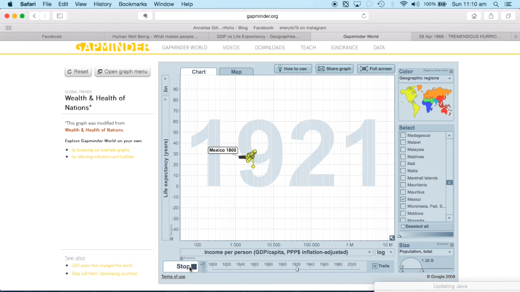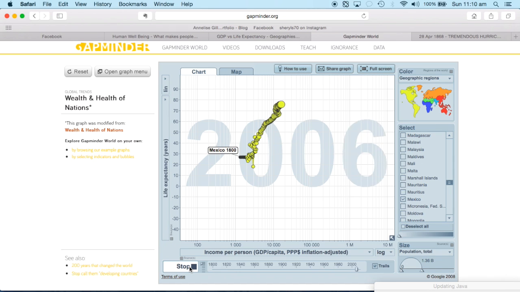Life expectancy is pretty stable. It drops subtly there in 1915, 1920. Continues to rise, and stays pretty stable. So for something like Mexico, we've got one dramatic drop here in life expectancy.